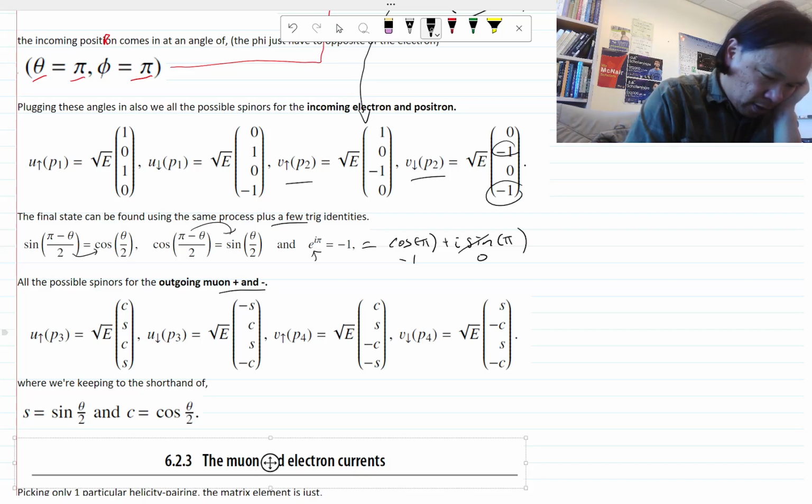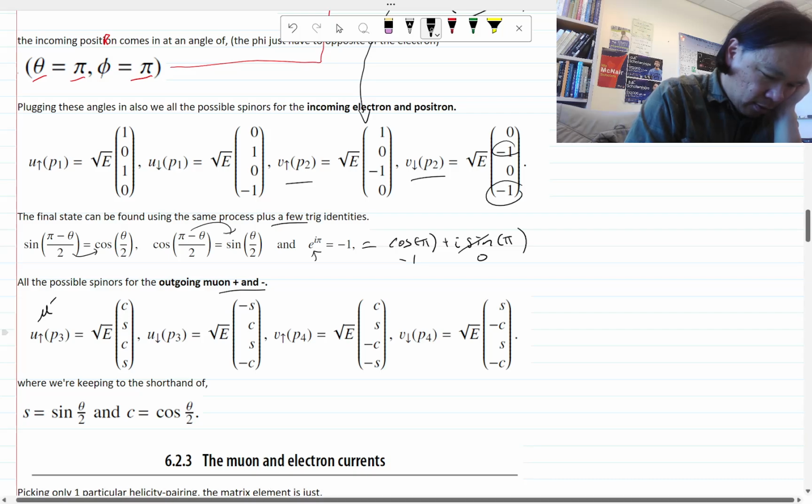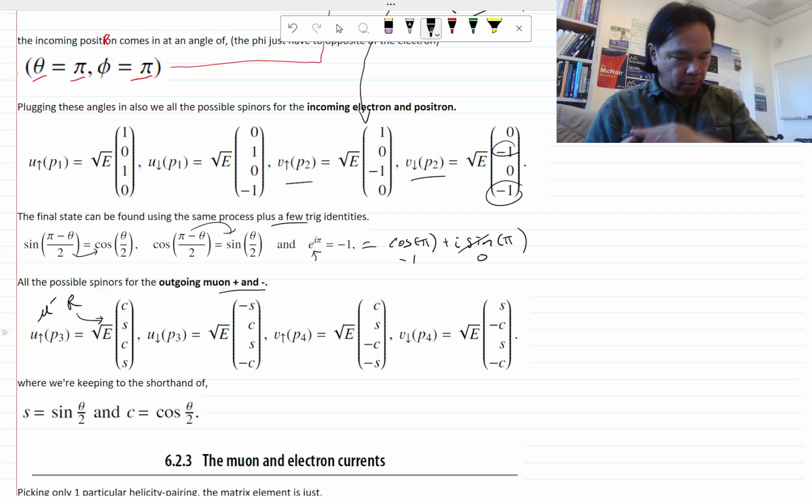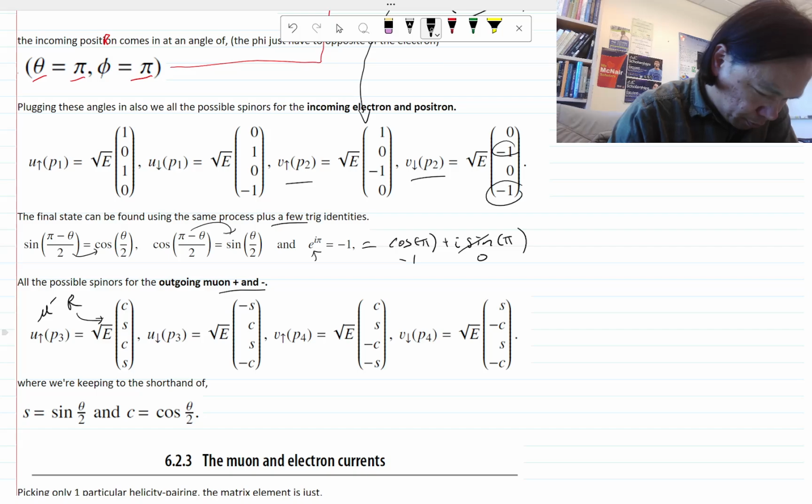Where the muon, right-handed, is going to have this spinor, where it's cosine of theta over 2, where theta is this outgoing angle, sine of theta over 2, cosine of theta over 2, sine of theta over 2.